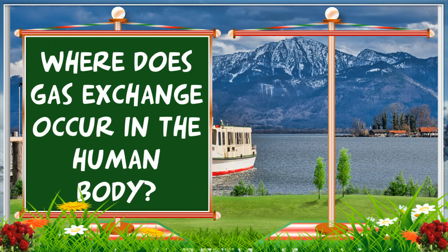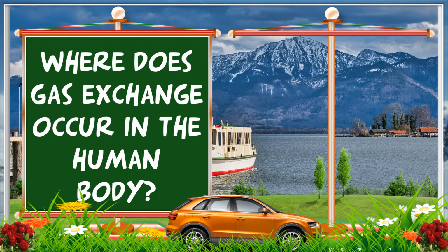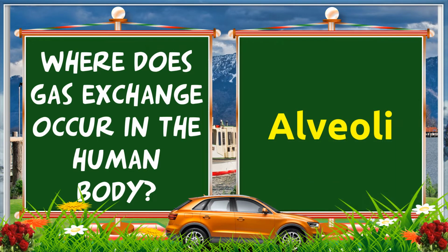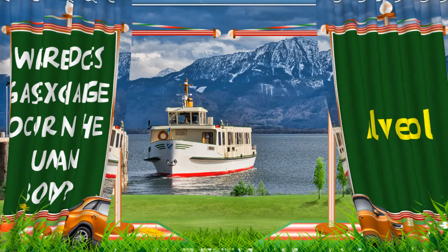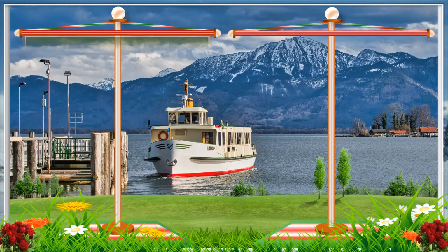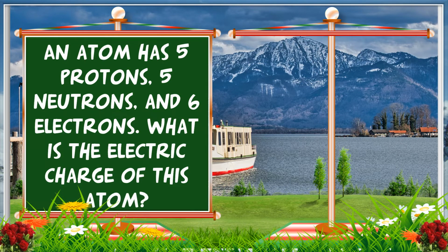Where does gas exchange occur in the human body? Alveoli. An atom has 5 protons, 5 neutrons, and 6 electrons.